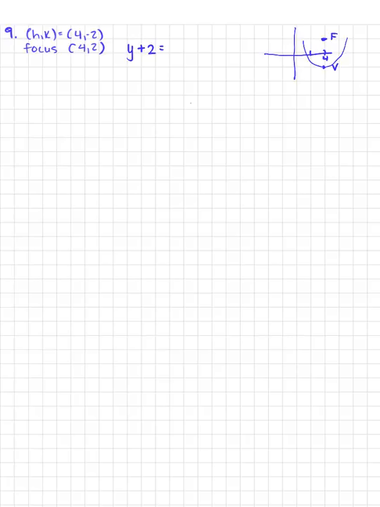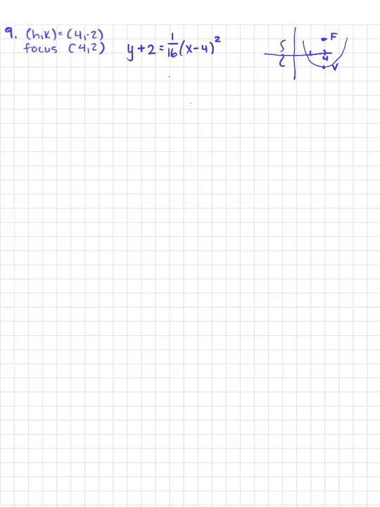I'm going to go back to x minus 4 squared. So this distance here between my vertex and my focus is a distance of 4. So 1/4p becomes 1/16. All right, that one wasn't too bad.